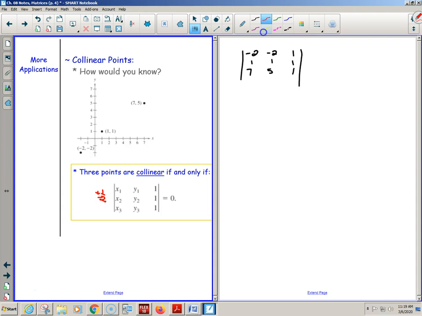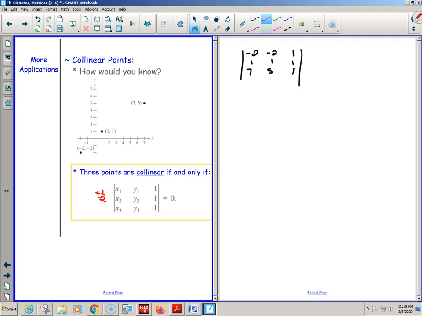What's going to happen if I go to do a triangle and I end up with an area of 0? It's not an actual triangle, and the only way that 3 points can't be a triangle is if they are on the exact same line. What does collinear mean? On the same line. Co, together, linear, on the same line.